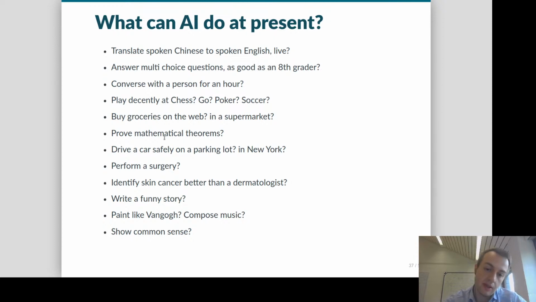Do you think an AI would be able to write a funny story, or to paint like Van Gogh, or to compose music? So writing funny stories, paintings, composing music.